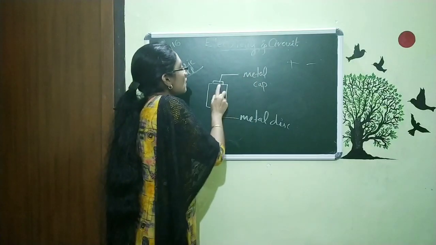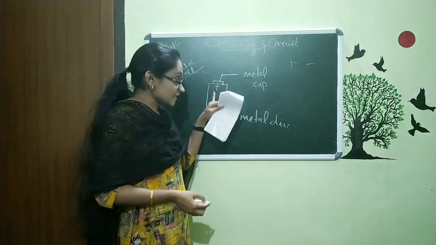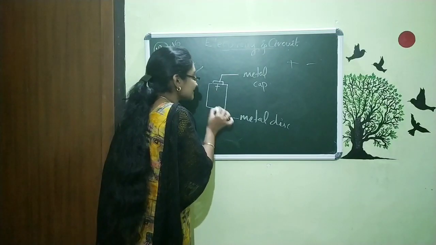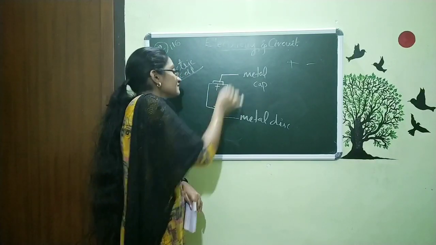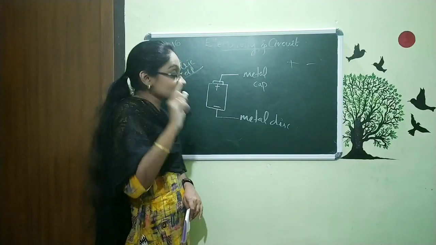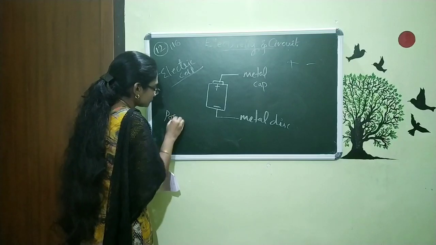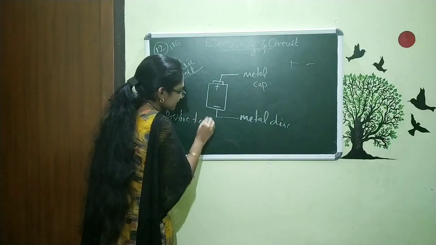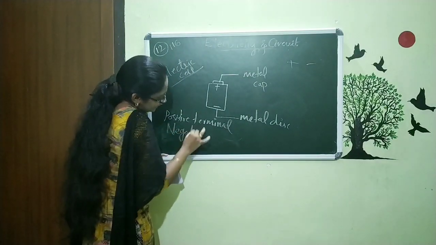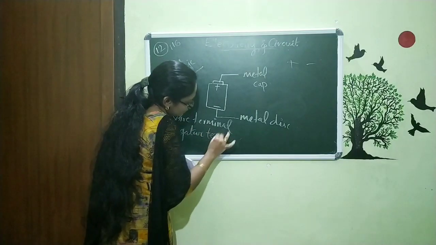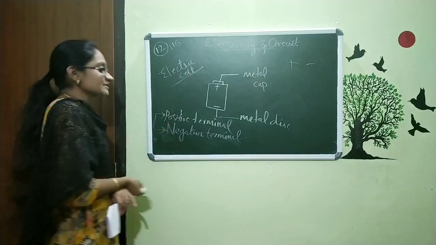Actually, the sign has its own importance, it is very important. Always this metal cap region is positive and this metal disc region is negative. That is, its charge here is positive and here it is negative, and I can call them the positive terminal and the negative terminal.